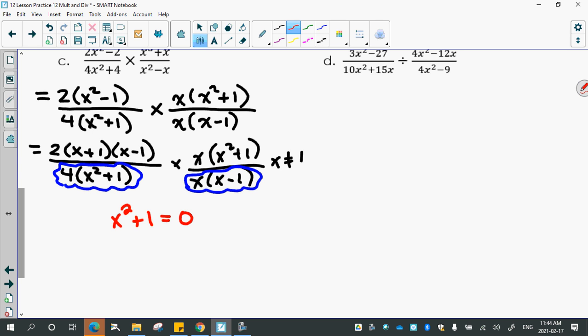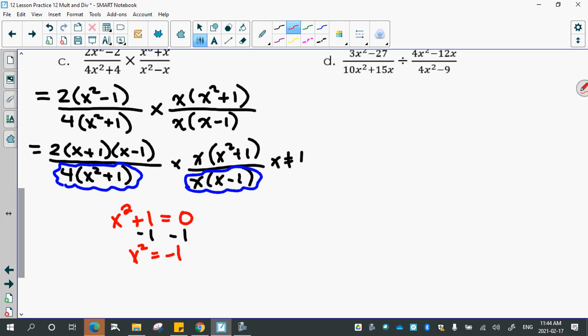For x squared plus 1 to equal 0, what would have to be true? Do you agree that x squared would have to equal negative 1? Is it possible to square something and get a negative? Try squaring a positive number, you get positive, right?